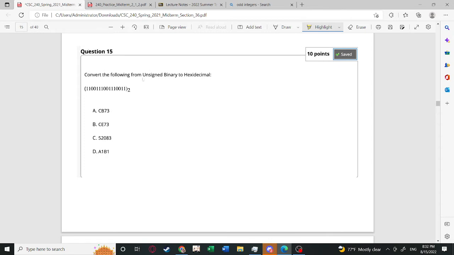Convert the following binary to hexadecimal. So 1, 2, 3, 4. 1, 2, 3, 4. 1, 2, 3, 4.